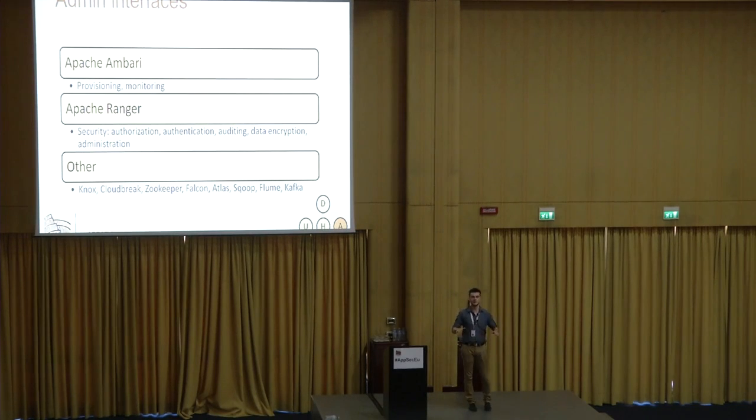It allows you to introduce security into Hadoop. And from the whole bunch of Hadoop interfaces, the biggest number of vulnerabilities we found were in Apache Ranger, the software designed for security in Hadoop. Okay, of course, there are some others like Knox, Zookeeper, but let's stick with those two.